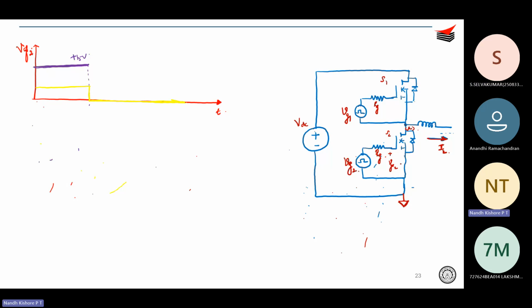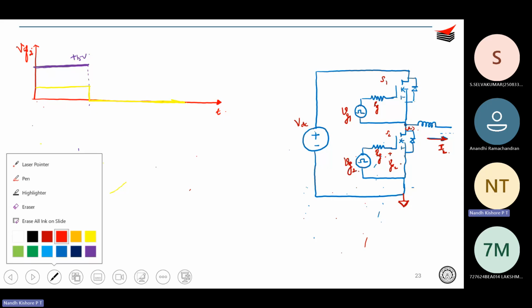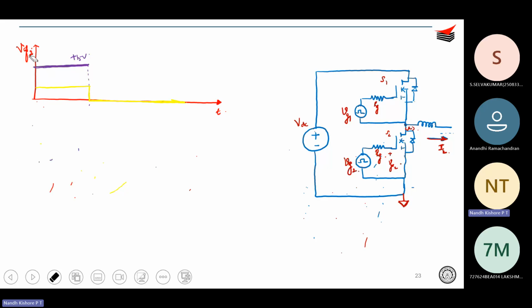For simplicity, let's consider the top device instead, VGS1. Now we are turning off the top device.